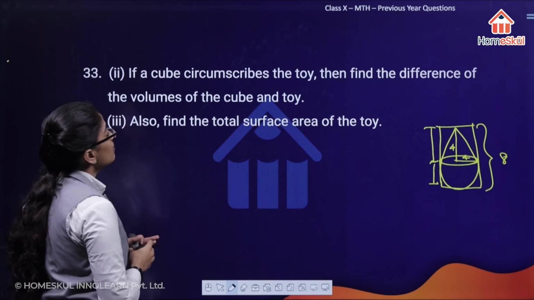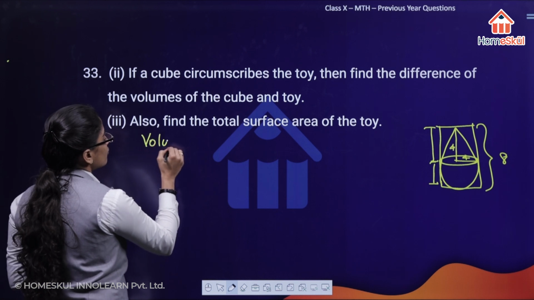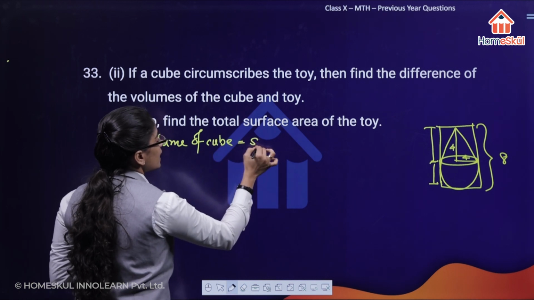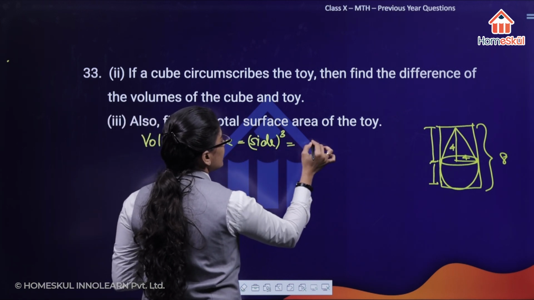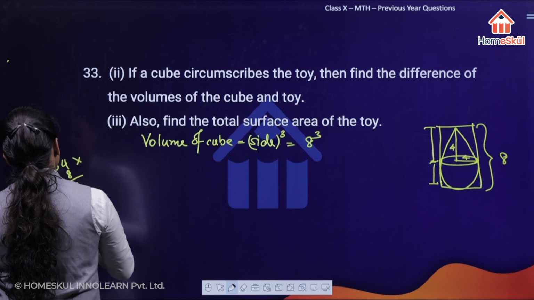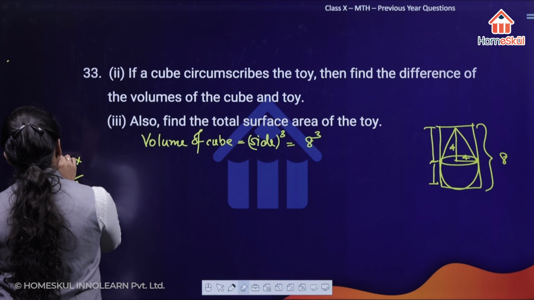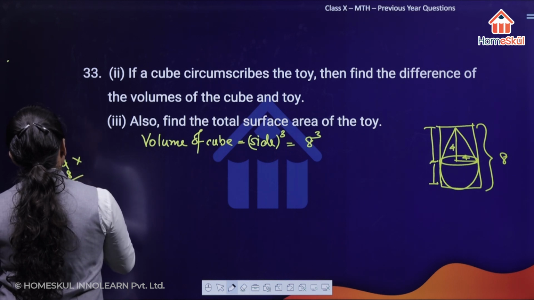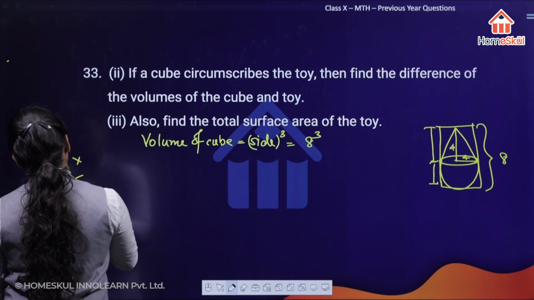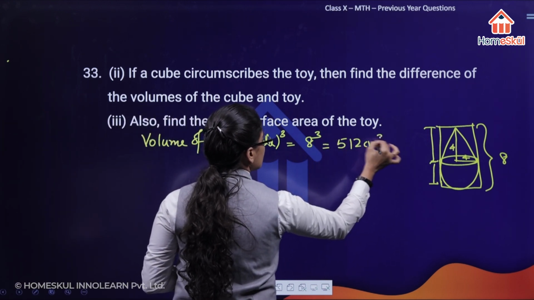So, the difference in volume means volume of cube minus volume of toy. Volume of cube is equal to side cube. The side is 8, so 8 cube, that is 64 times 8, which is 512 centimeter cube.